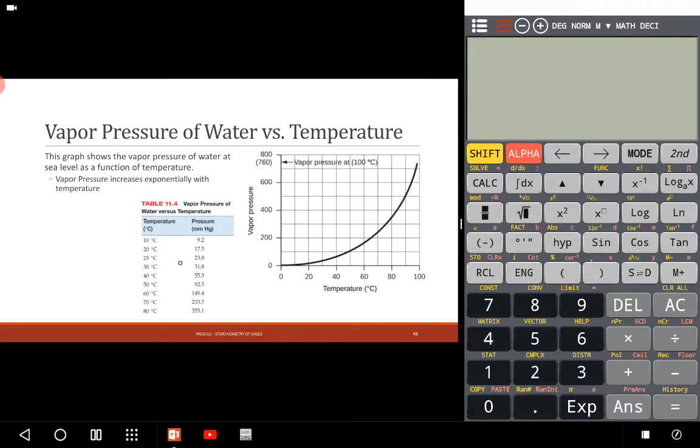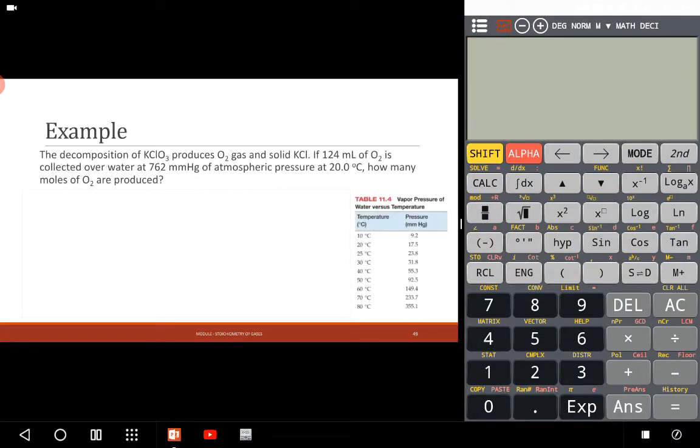Whenever you're trying to do this in a lab, there are tables where you can look up the vapor pressure of water as a function of temperature. There are more precise tables than this one that tell you down to the decimal point what vapor pressure that is, but we'll be using this table for now.